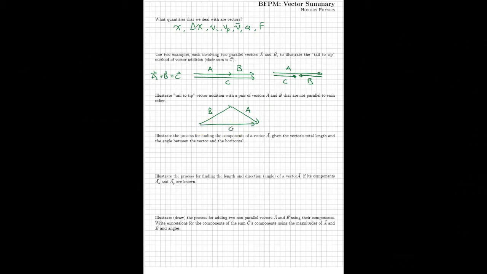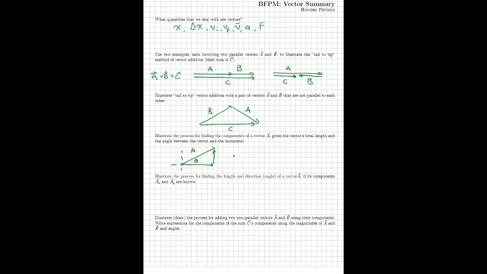Okay, illustrate the process for finding components of a. So if we have a vector a that's tilted some angle theta from the axis, then we know that's the angle between the horizontal in particular. What I'm doing is breaking this up into, a goes to the right and up, so I'm breaking it up into a vector to the right and a vector up.